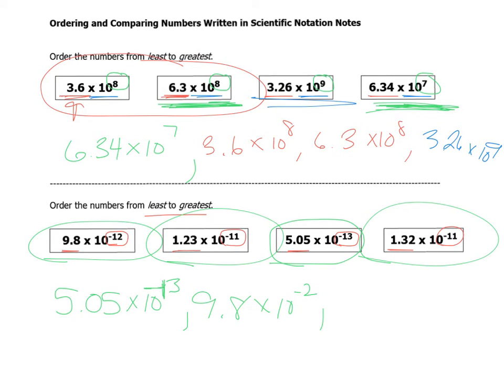If I have two numbers that are being multiplied by 10 to the negative 11, I go back to the strategy I used before. Look at their decimals. This is 1 23/100. This is 1 32/100. If you're not absolutely positive, put them in standard form. 1 23/100 would be moving the decimal to the left 11 times.